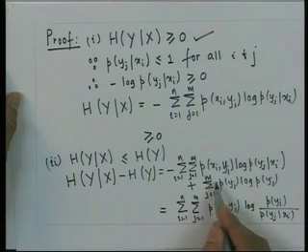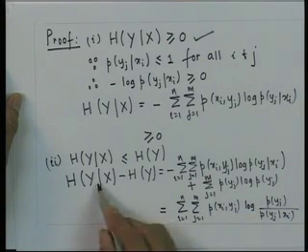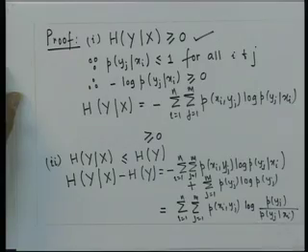This quantity, summation over j equal to 1 to m of p of yj, can be substituted by a double summation, and once you rewrite that double summation, the expression can be written as this.